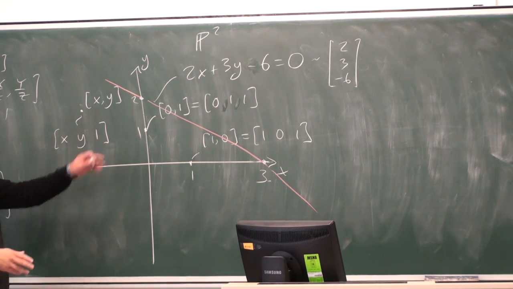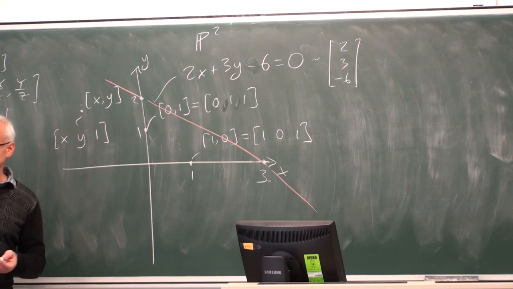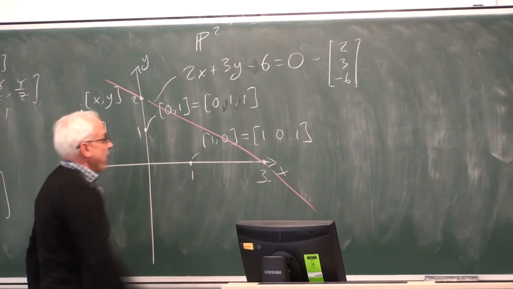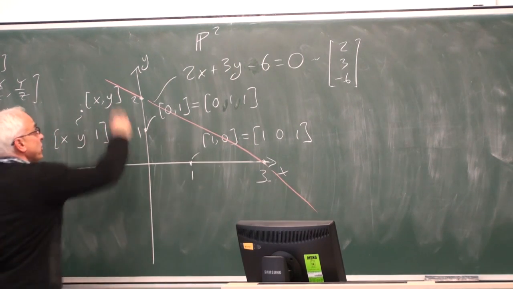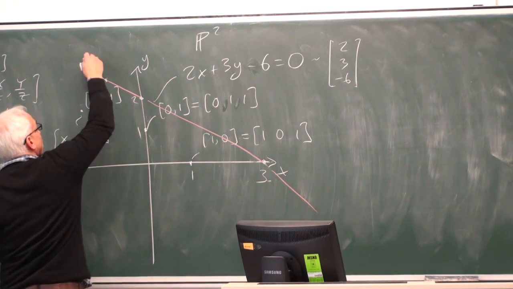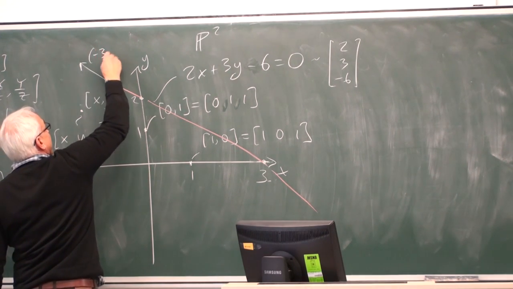Okay, so that illustrates points and lines, but there are also some other points and lines in this picture that we didn't have in the usual framework because there are points and lines at infinity. So let's talk about them. So if we go in this direction, say this is a convenient direction, and it has a direction vector, say minus 3, 2.